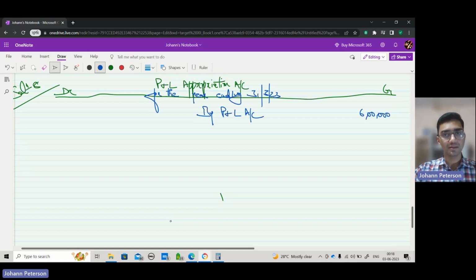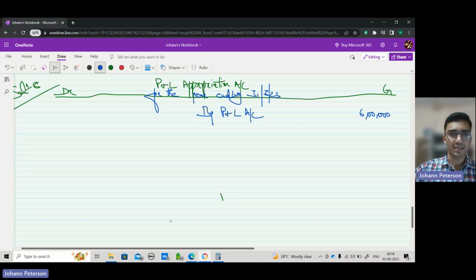It's being said that there are two partners, both are entitled to commission. Partners are getting commission. This is not manager's commission. Manager's commission was like in the previous question done in the profit and loss account. But this question is saying partners are getting commission, so that will be given in the P&L appropriation account. So 6 lakh is the profit which we are getting, we write it down.